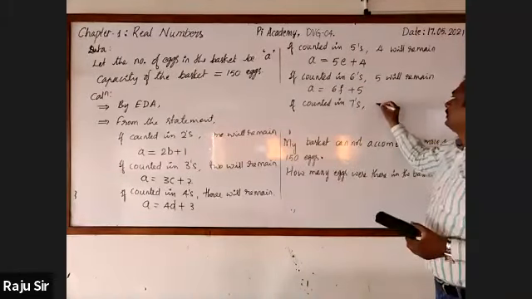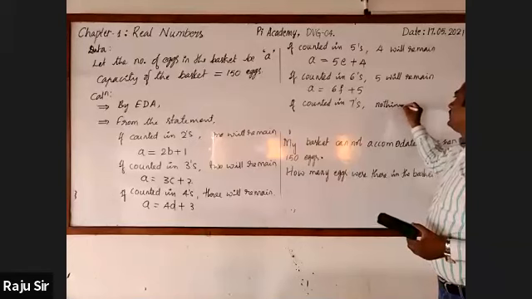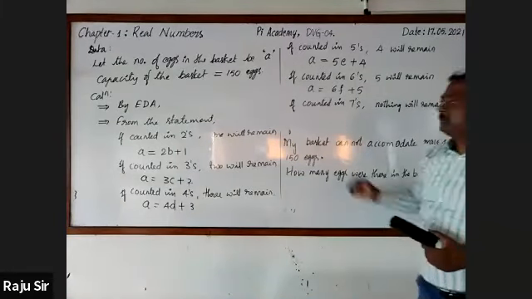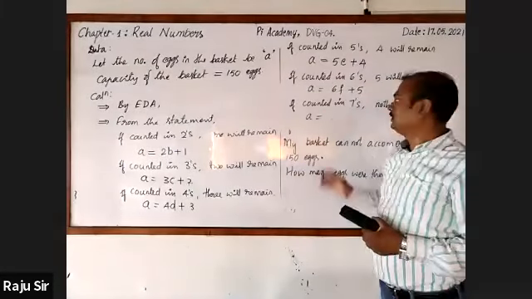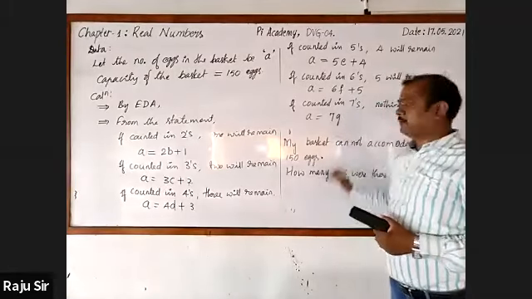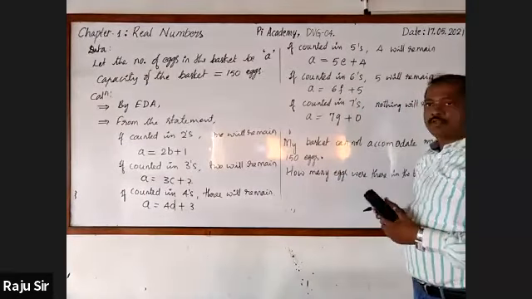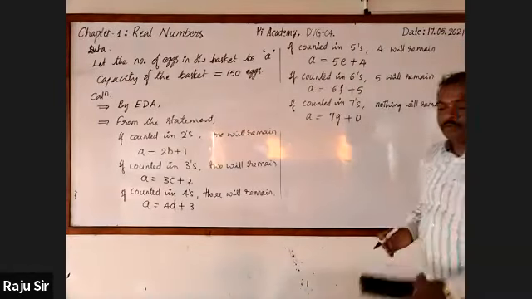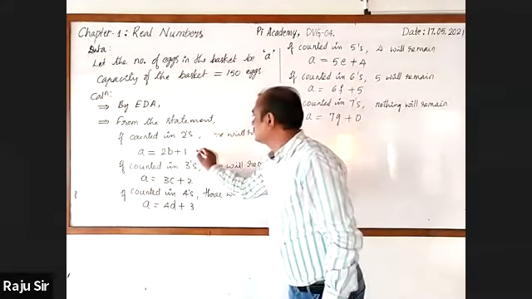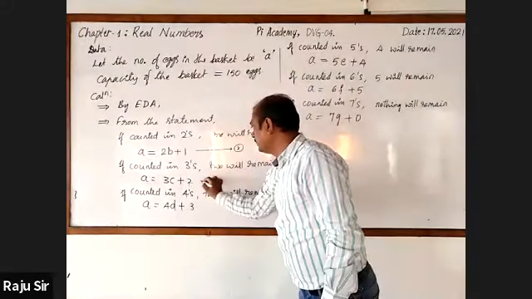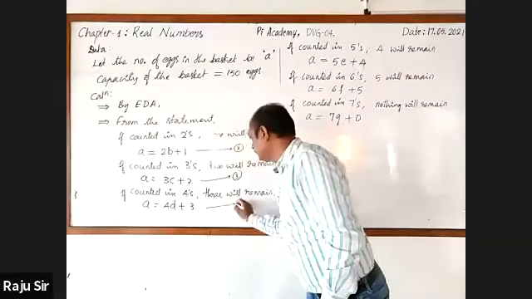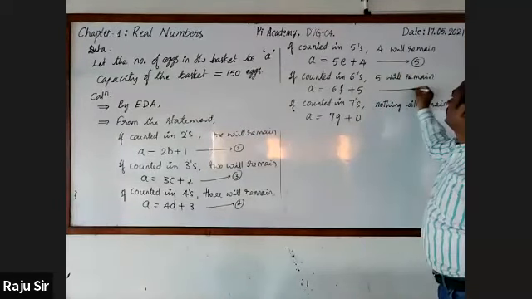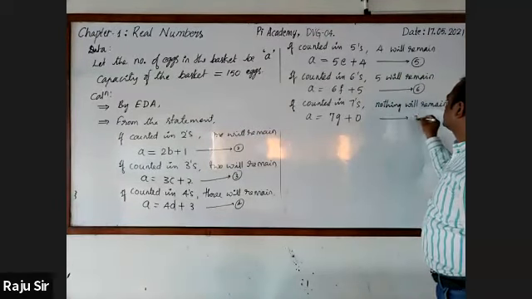That is 0 will remain. And this can be written as a equal to 7g plus 0. I call this statement as 2, and this as 3, this as 4, this as 5, this as 6, and this is 7.